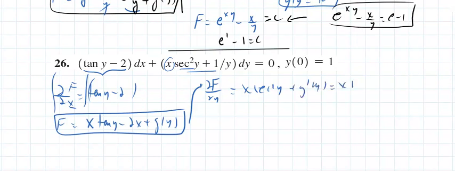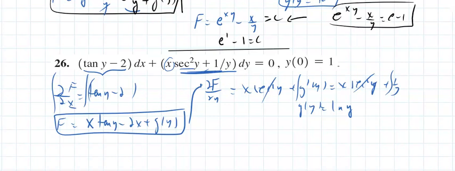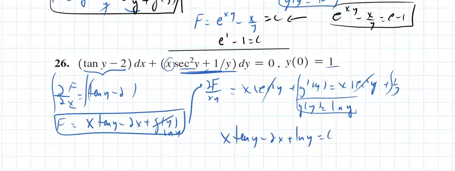And that's going to equal x secant squared of y plus 1 over y, because it must equal that. And those drop off, and if I integrate, g of y is natural log of y. Since y is positive, I can ignore the absolute value. So x tangent of y minus 2x plus natural log of y equals c.